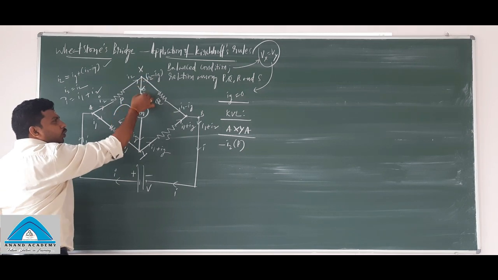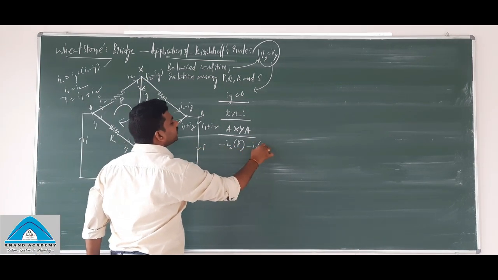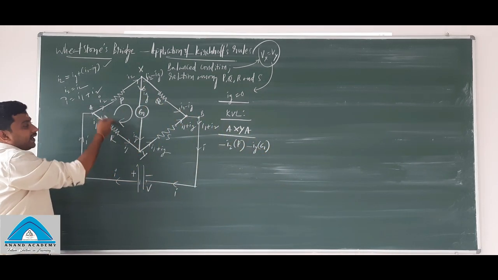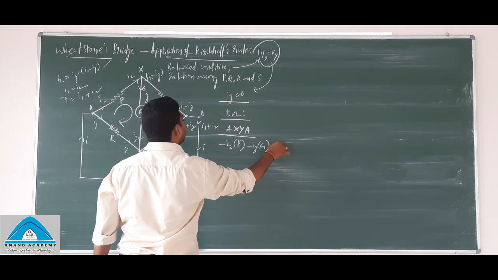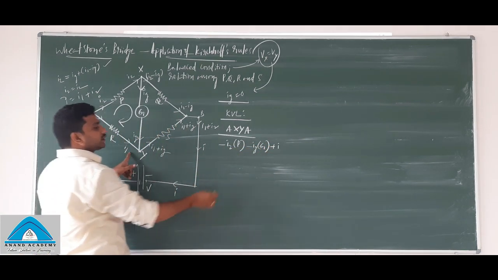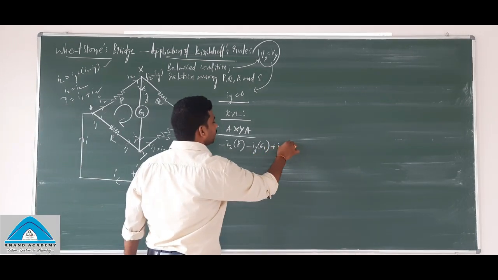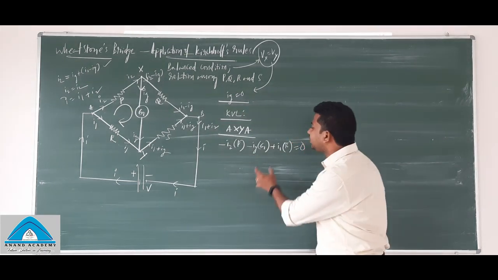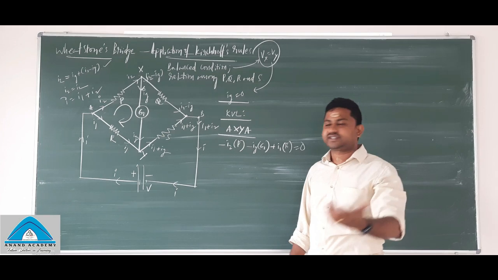Here our loop direction and current direction are the same, so it's minus Ig into G. Here our loop direction and current direction are opposite, so I can write plus I1 into the resistance R, which is equal to 0. The current passing through G is 0 because we are talking about the balanced condition.